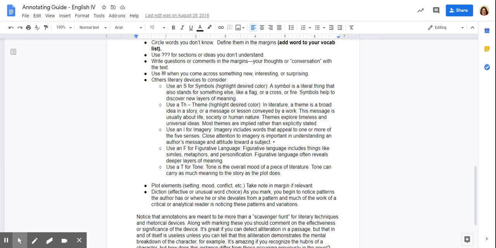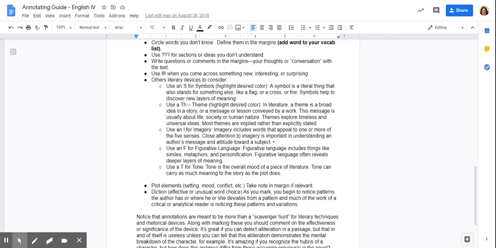And then tone is another one. Remember, the tone is the overall mood. Now, the mood can shift throughout a novel, especially because it's a longer work. You could have a sad tone in part of it, and then a happy or cheerful tone in another part of the novel.